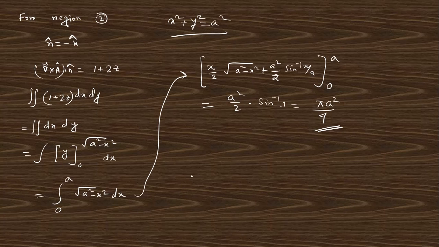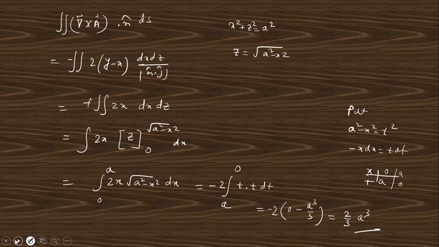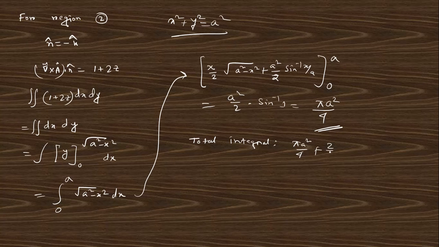So you can see that the total integration of these two surfaces will be pi square by 4 plus 2/3 AQ.